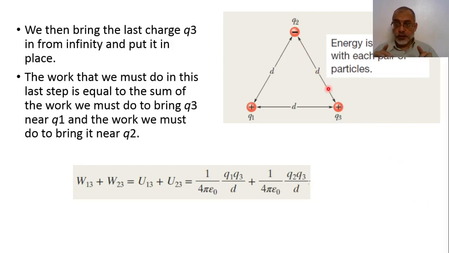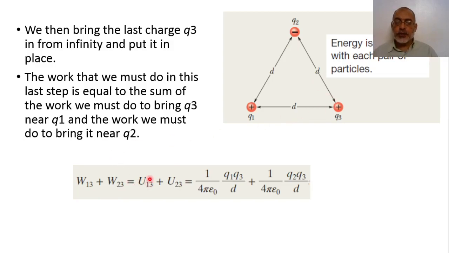So the required work to place Q3 at this point is effectively the work from 1 to 3 plus the work from 2 to 3.